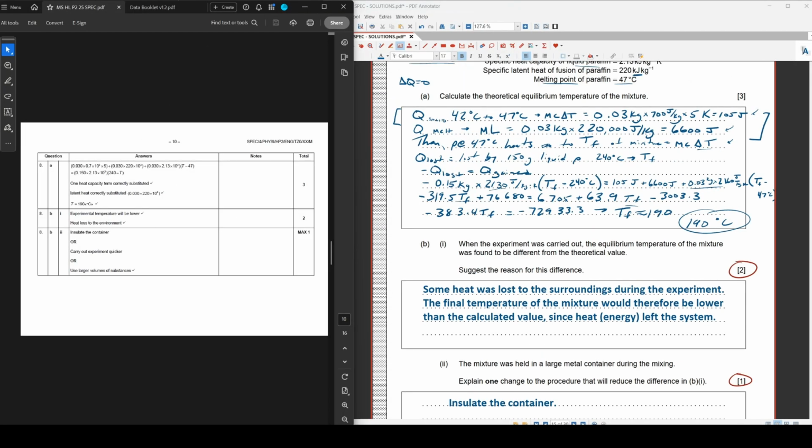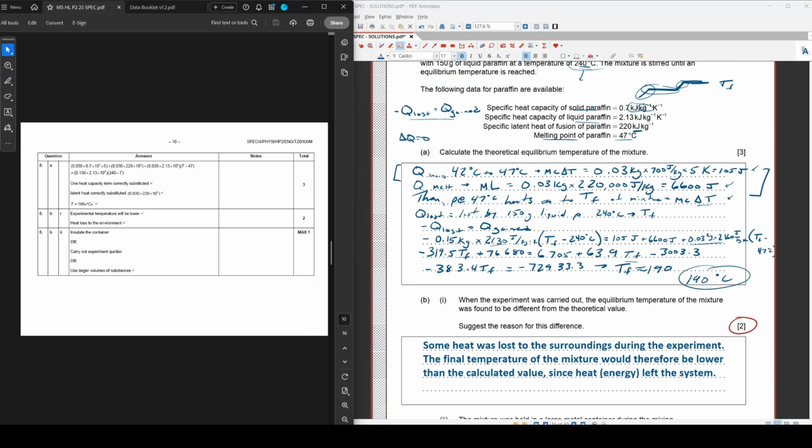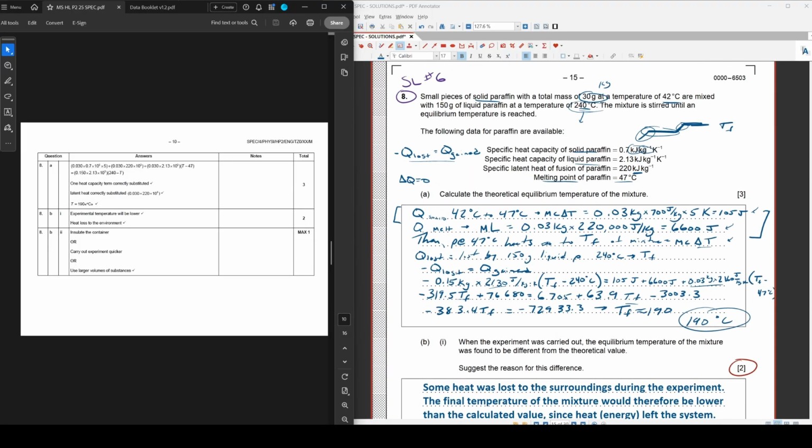Okay. What are they looking for in the mark scheme? Let's mark scheme this to see, like, decode what the IB is trying to do. Here they have the whole set of all the different terms you have to add up and account for. The way they mark this is pretty nice. If you have one heat capacity term correctly substituted, you get a point.